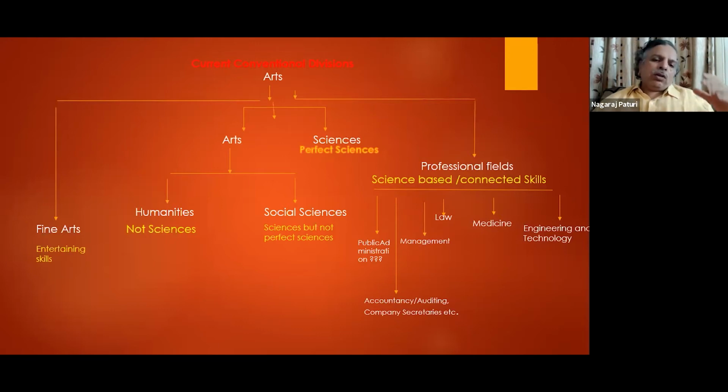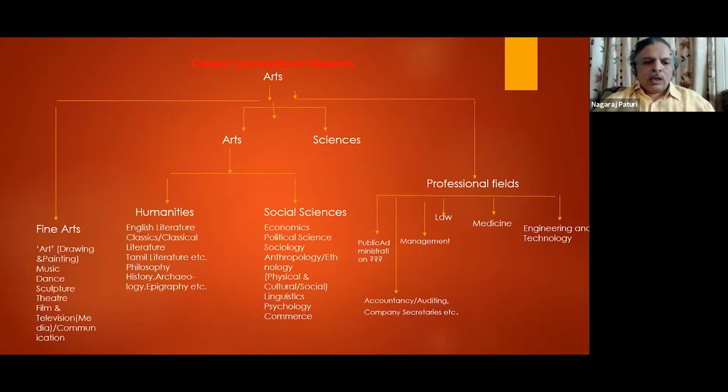And when you go to that college, school of arts or faculty of arts or arts college, what you see is a certain number of disciplines. For example, under arts you have social sciences, and in some colleges even these disciplines which come under social sciences are classified under arts only. For example, you see economics, political science, sociology, anthropology, which is called ethnology.